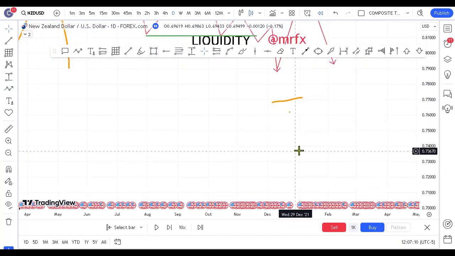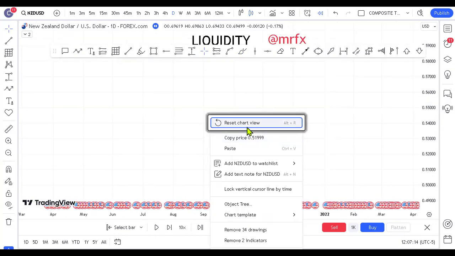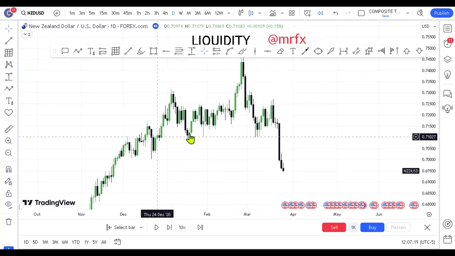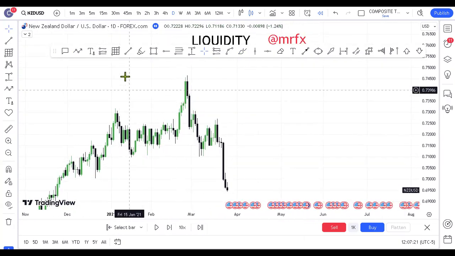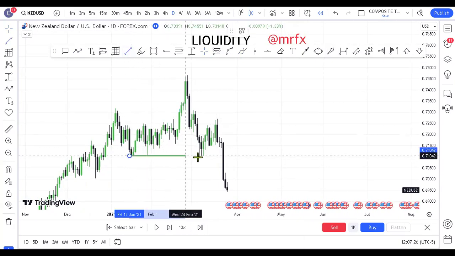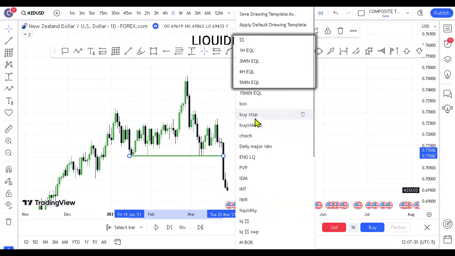So let's look at this on this market structure here, and I'm sure we're going to get to see something. You can see here we have that structure.